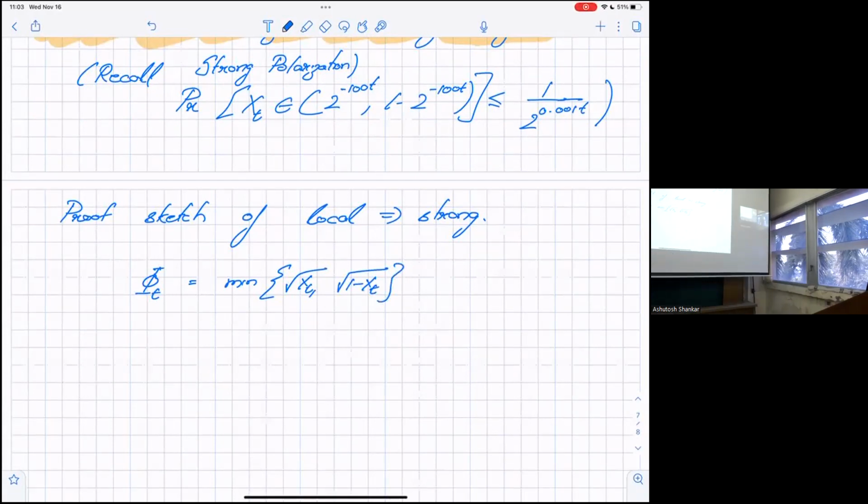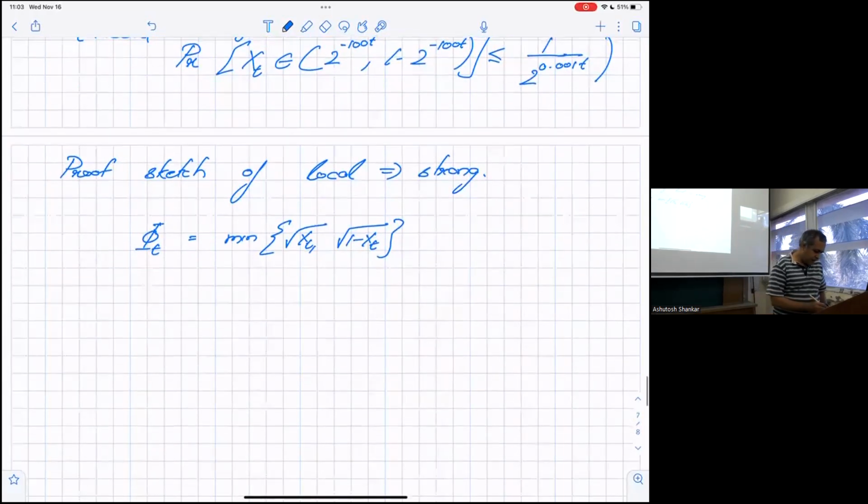You have to use X_t and 1 minus X_t, the distances from the two ends, and we want to minimize the potential. Ideally, I would like to work with X_t and 1 minus X_t. That doesn't work, so they go for other things. Square root is chosen because convexity works in that direction and not X_t squared and 1 minus X_t squared. Somewhere their proof will need Jensen, so that's why they go for this convex function.